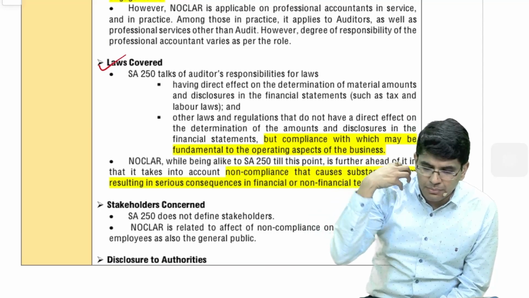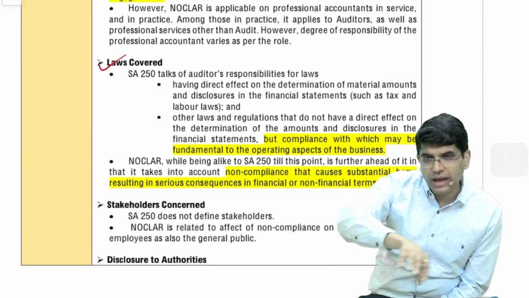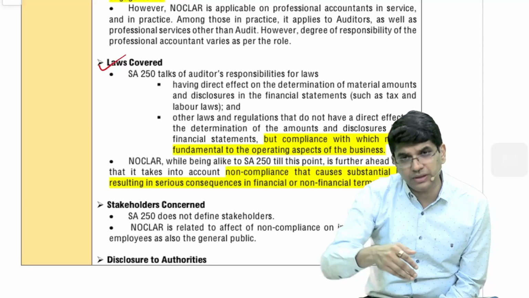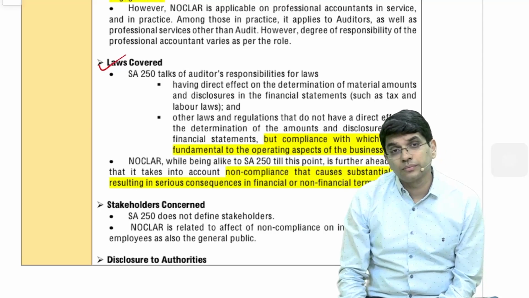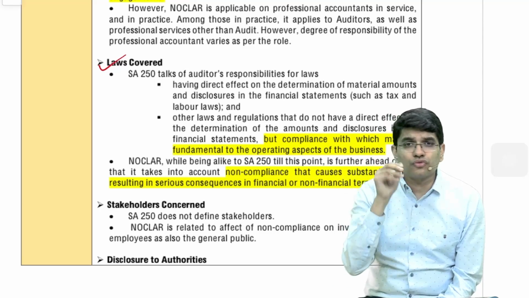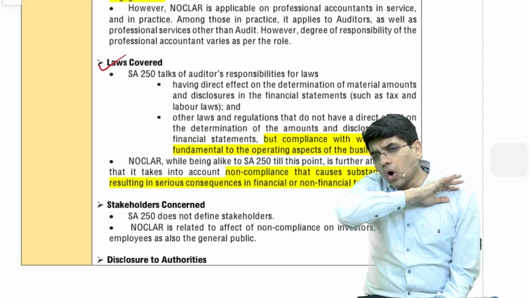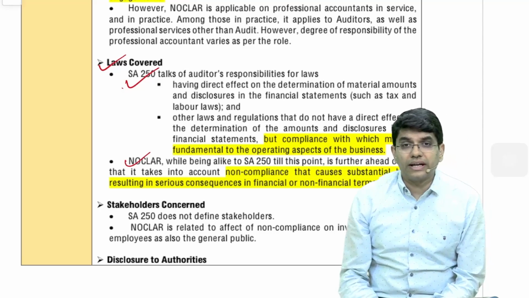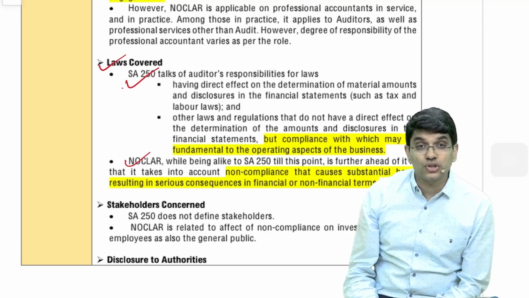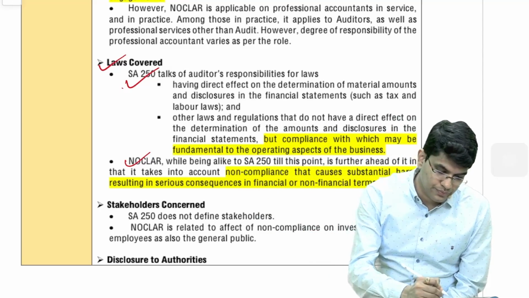Laws having direct impact on operations of the company which will ultimately affect financial statement, and laws which are having direct impact on financial statement like tax laws, like labor laws, like Schedule 3 and so on. Okay, it's more focused on financial statement, but NOCLAR is not like this. It talks about all the laws which can have substantial effect on the entity, whether in financial terms or non-financial terms. So again, coverage of the law has also increased.